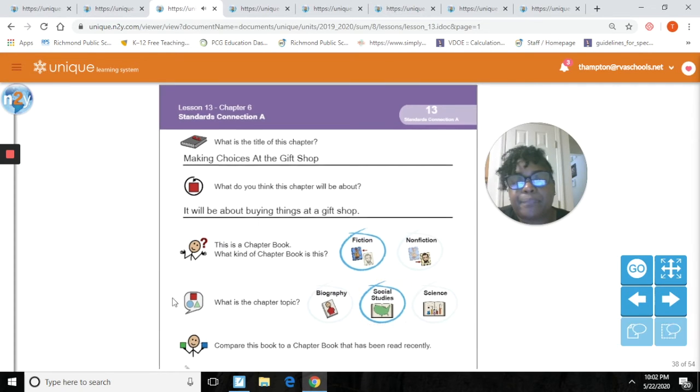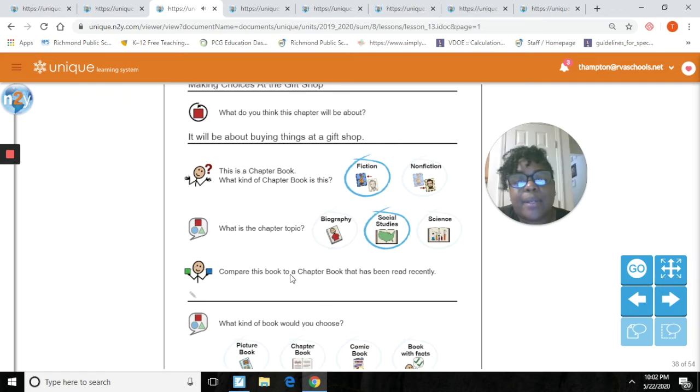All right. It says here, compare this book to a chapter book that has been recently read. When we compare things, what do we do? We talk about the similarities and the differences of things when we're comparing them, right?